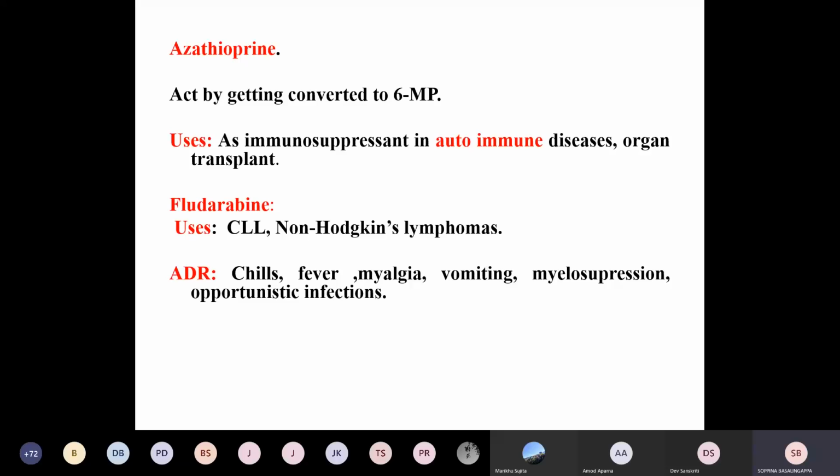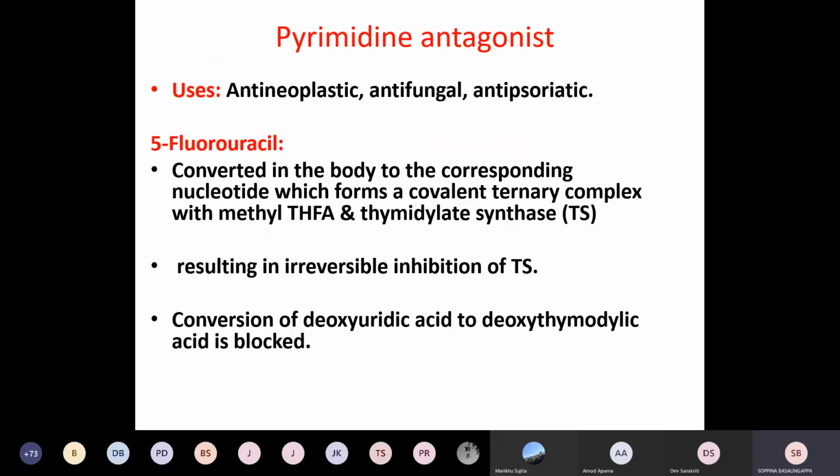Azathioprine acts by getting converted into 6-mercaptopurine. This is a prodrug used as an immunosuppressant in autoimmune diseases and organ transplant. Fludarabine has the same mechanism of action, used in chronic lymphoid leukemia and non-Hodgkin's lymphomas. Adverse reactions: chills, fever, myalgia, vomiting, myelosuppression, opportunistic infections, etc.